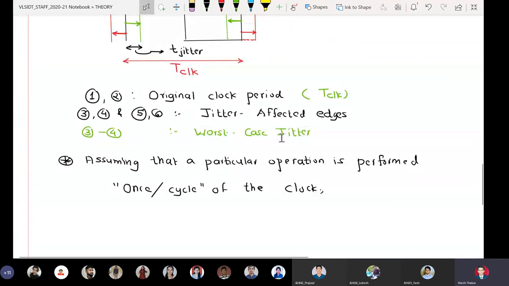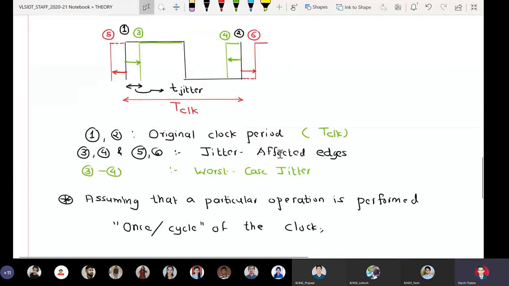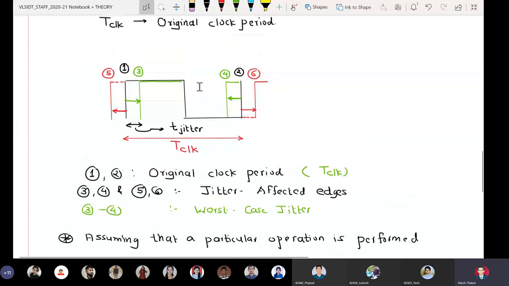So now we are assuming that a particular operation in the circuit is occurring or it is being executed once per cycle of the clock. Then we know that in case of the worst case jitter represented by the combination 3, 4, the time available will now be reduced. So we'll write that.